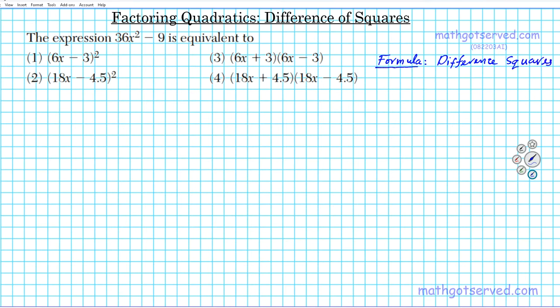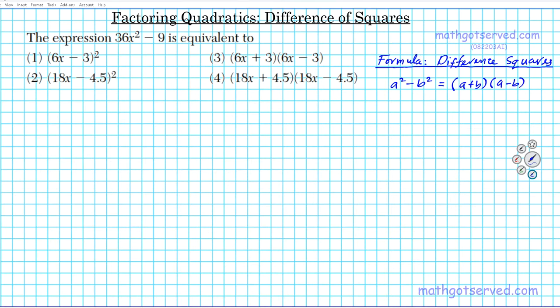For a difference of squares, you have two squares and the subtraction operation: a squared minus b squared. If you want to factor it, all you do is take the sum and the difference of the square roots of the squares. That yields a plus b times a minus b.